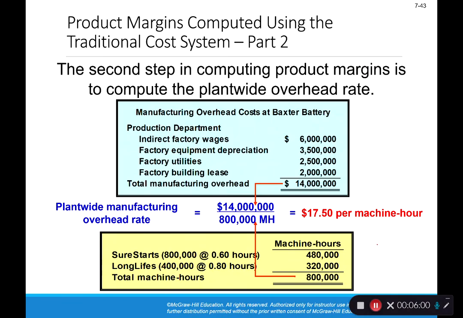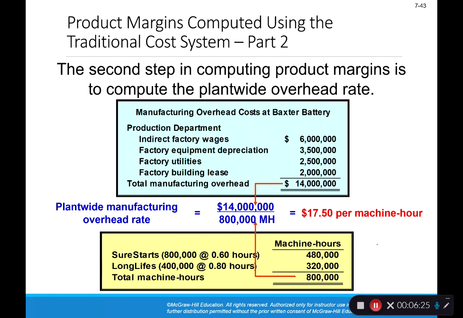Then in order to allocate overhead, we would usually allocate based on a driver, one size fits all for the whole company. We could do department-wide drivers, but for our purposes here, we're going to assume this company allocates its overhead based on one driver. You'll notice that the overhead allocated here, $14 million, is less than the overhead we were dealing with under ABC costing.